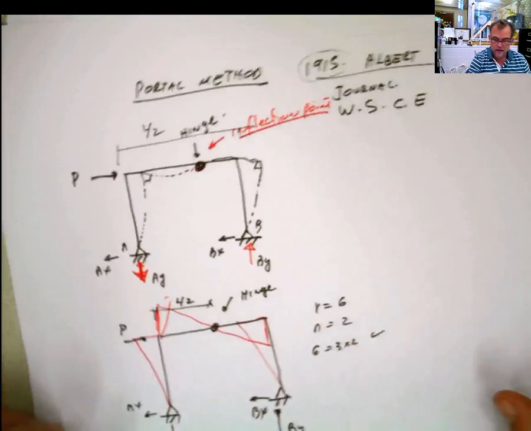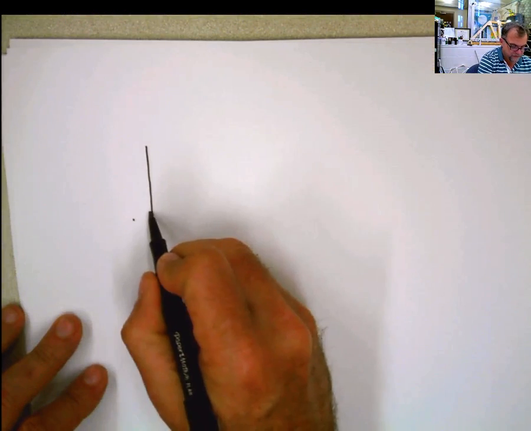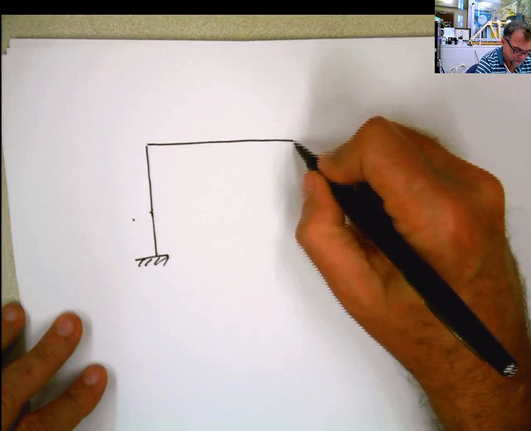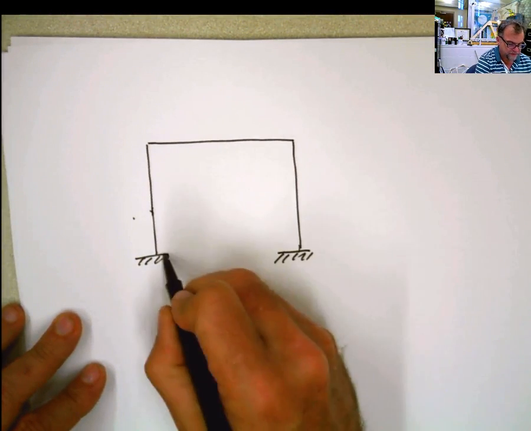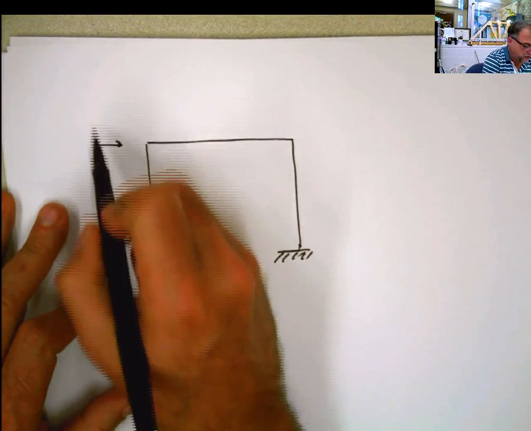Now let's check another case really quick. In the other case, I'm going to have something like that and something like that. And I'm going to put the same lateral load here at this point.